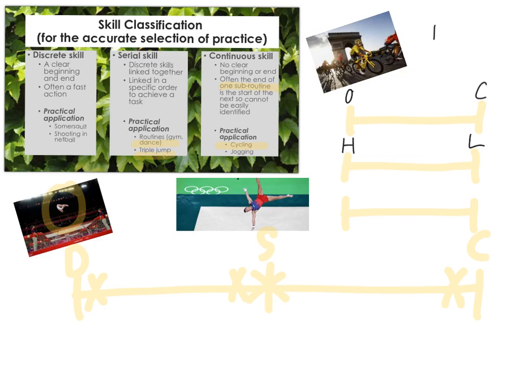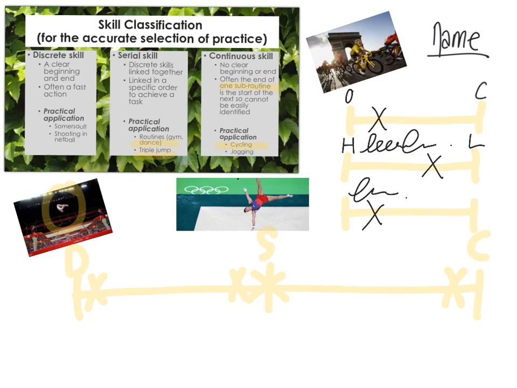Then I would like you to name your skill. And then I would like you to put crosses on your continuums. And underneath each cross, you are going to put a justification of why you have put your cross where you have. Please either handwrite this and pop it on the OneNote or do it straight onto the OneNote.